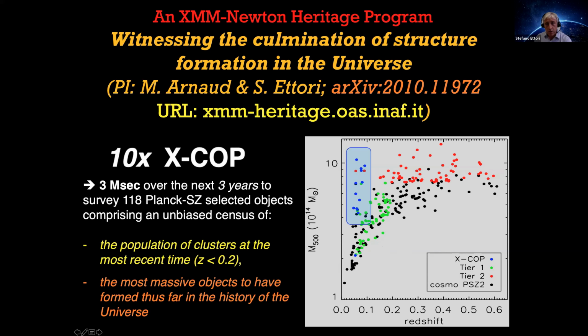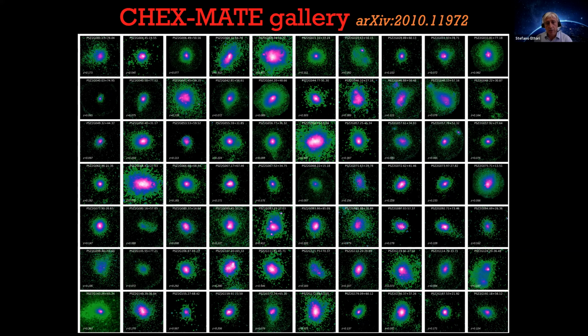And I can conclude now just presenting the first gallery that we have produced in a paper that we submitted to Astronomy and Astrophysics, in which we present our project that was renamed CHEX-MATE, for Cluster HEritage project with XMM-Newton, to study the mass accretion and the thermodynamical properties and endpoint of structure formation.